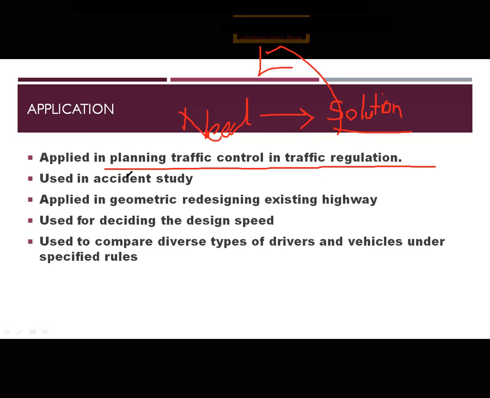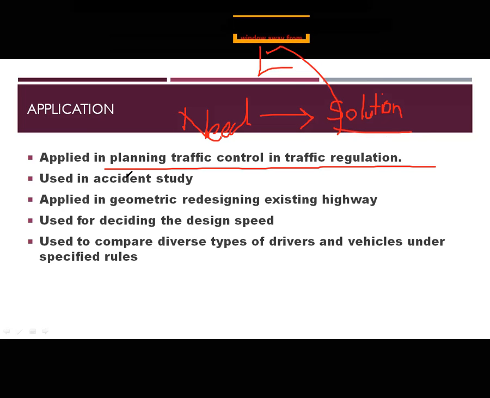If we consider that too many vehicles are there and very low speeds are there, then you could provide a traffic signboard, so that traffic will be controlled in that particular situation.